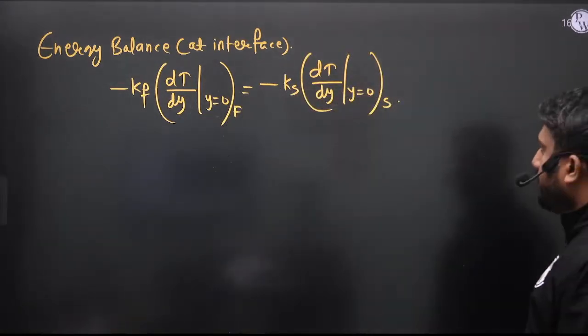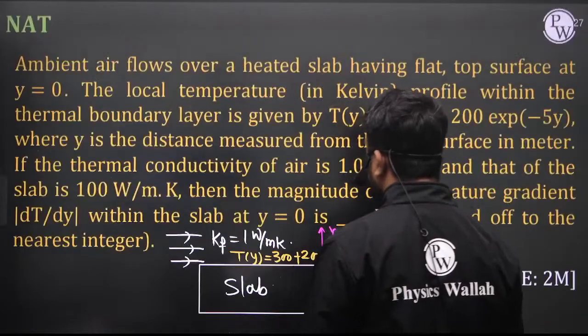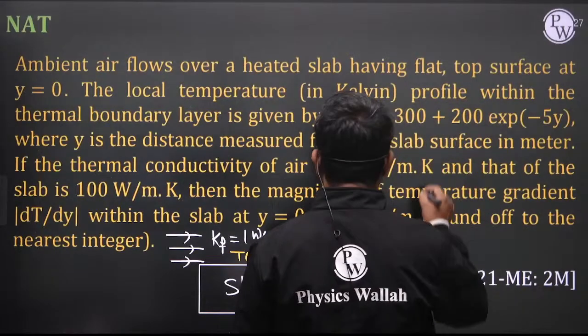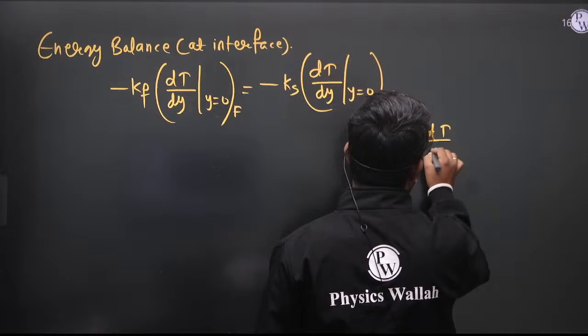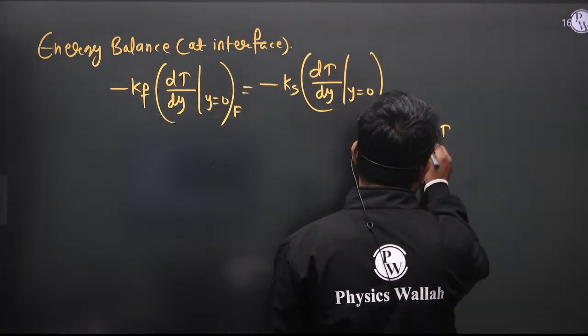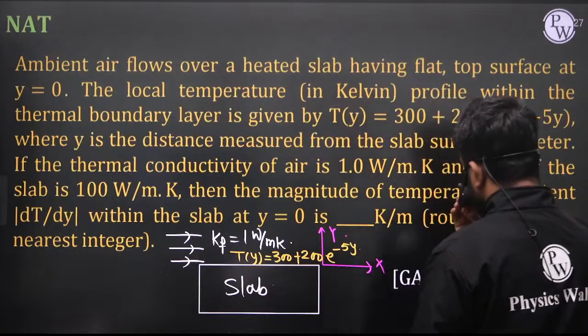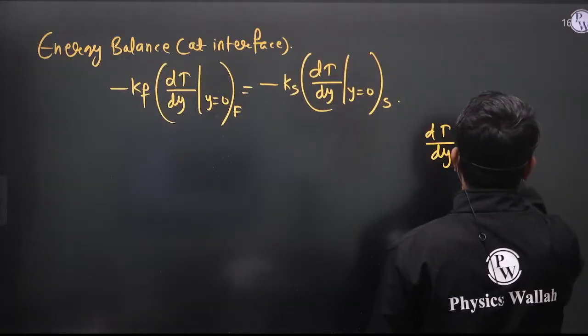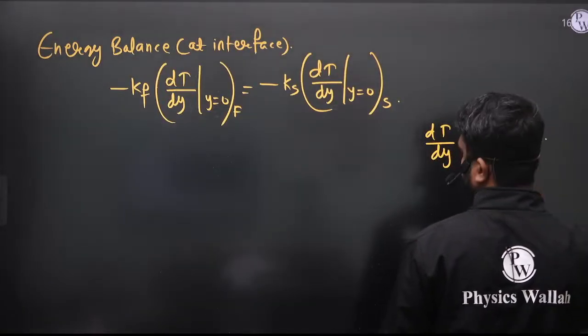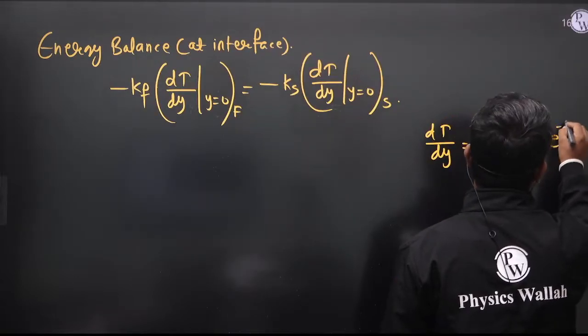Right, so the fluid side temperature variation is given with respect to y. Now we can calculate dT by dy. That dT by dy is 200 minus 5 e to the power minus 5y.